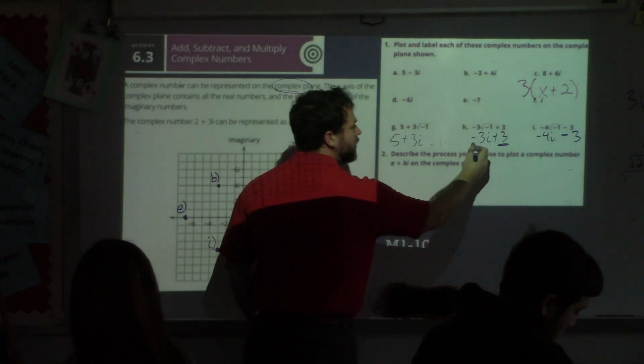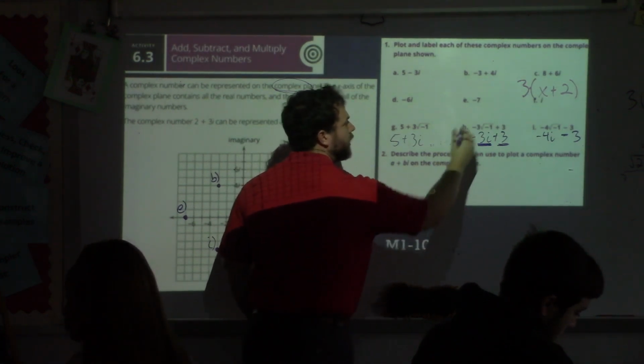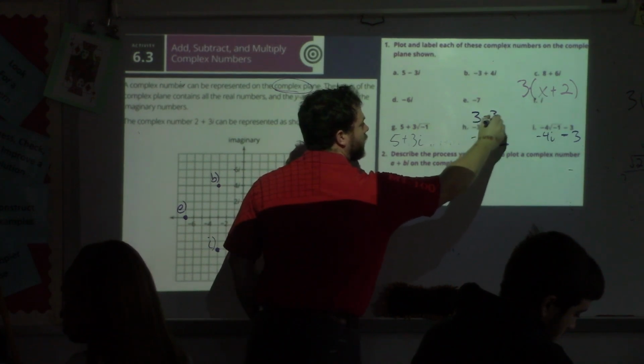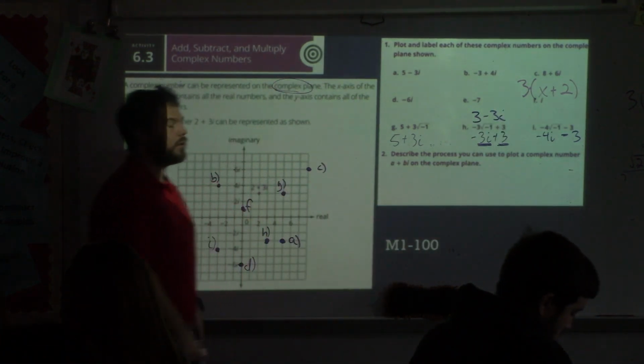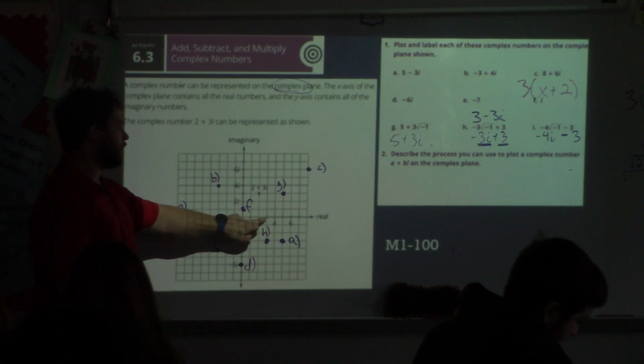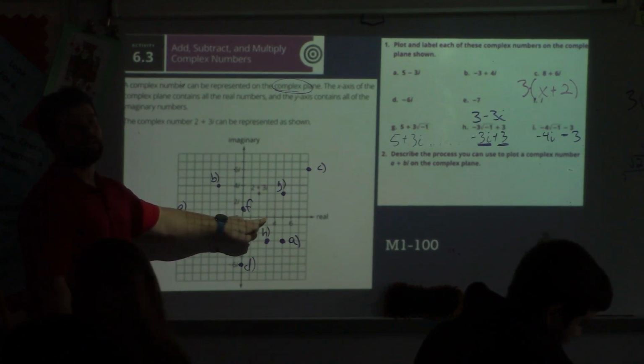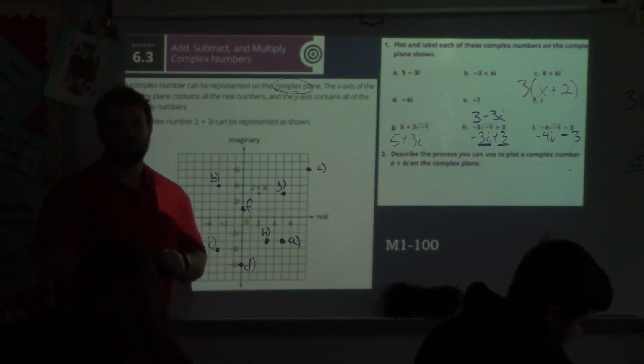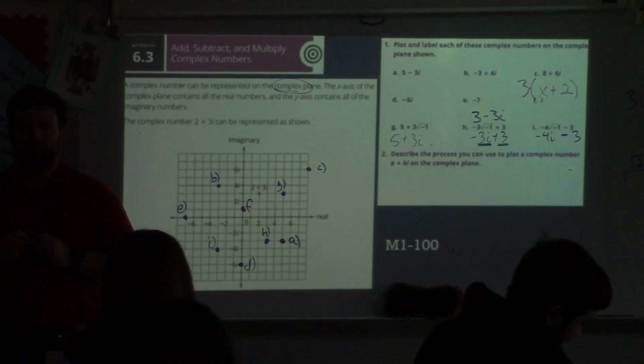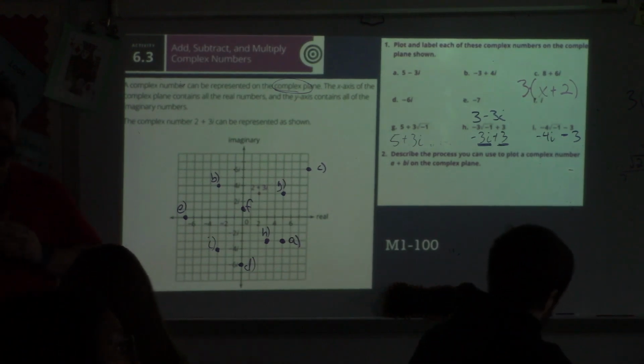The y-axis is only the imaginary. Usually, you always write real first, then imaginary. So when I write like that, it's more clear that it's 3 to the right and 3 down. That's it. 3 to the right and 3 down.